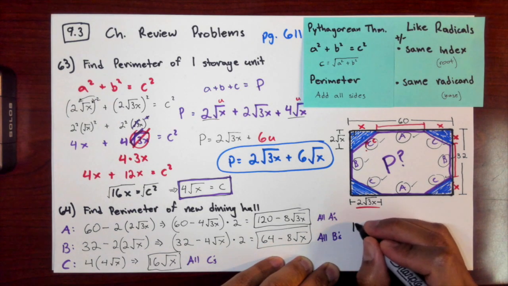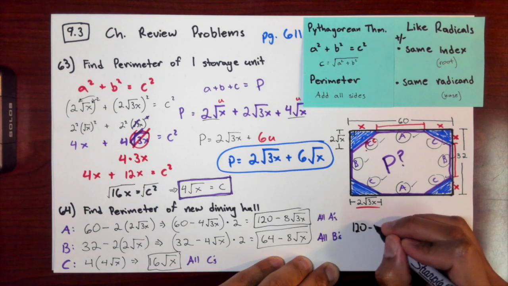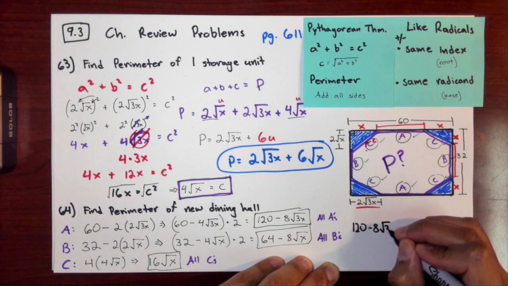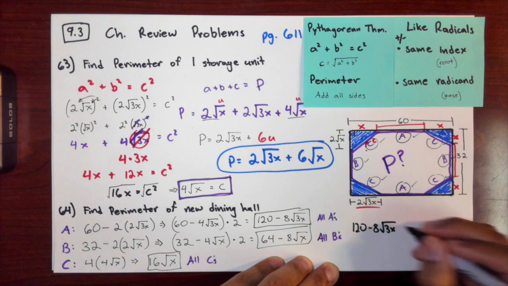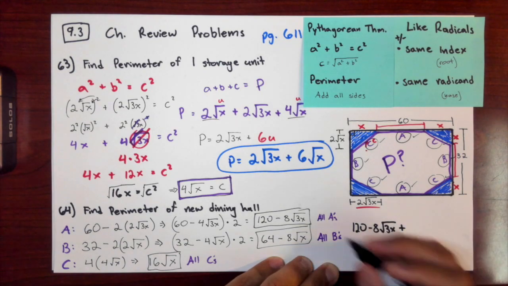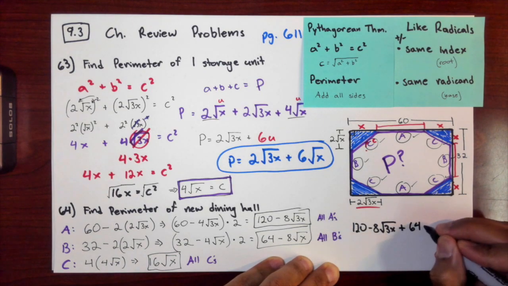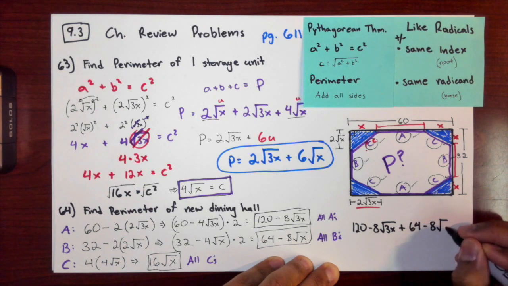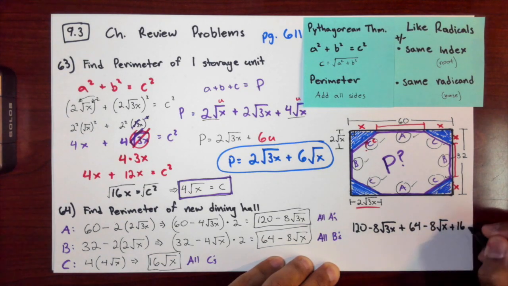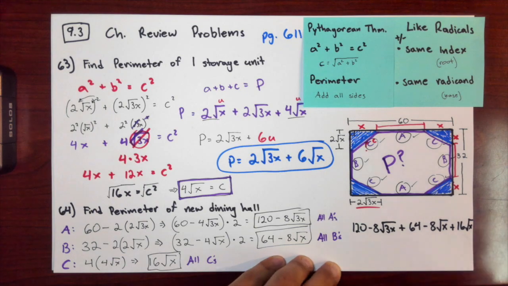So let's go 120 minus 8 square root of 3x plus 64 minus 8 square root of x, 16 square root of x. Okay, we add that together and we're just gonna combine like terms, combine the like radicals.